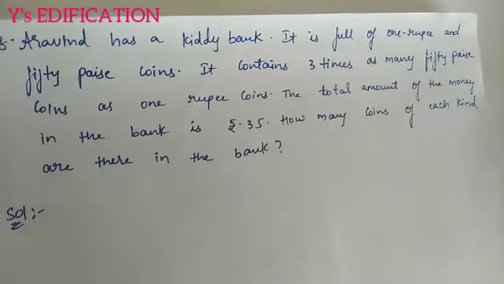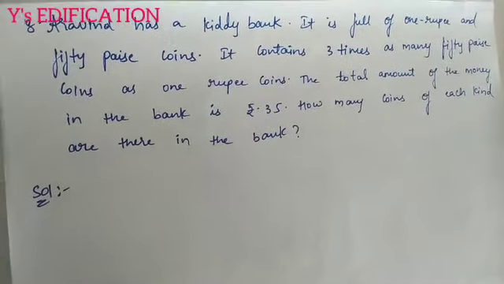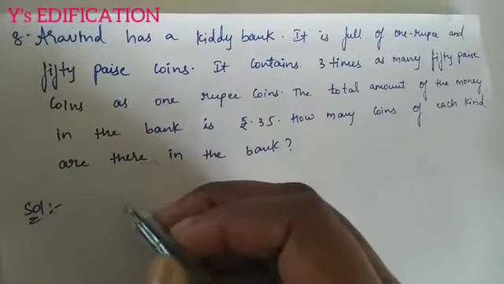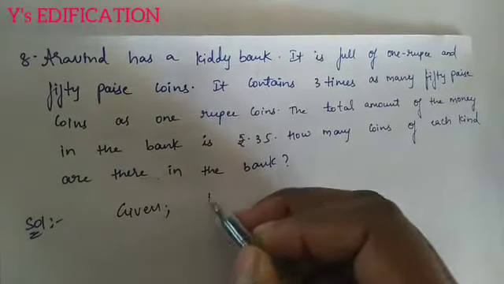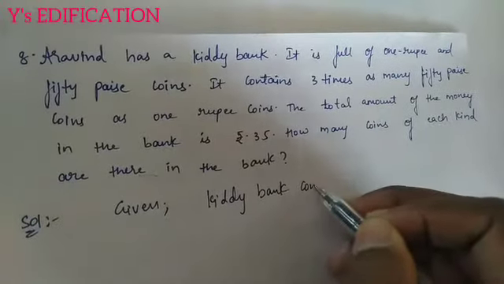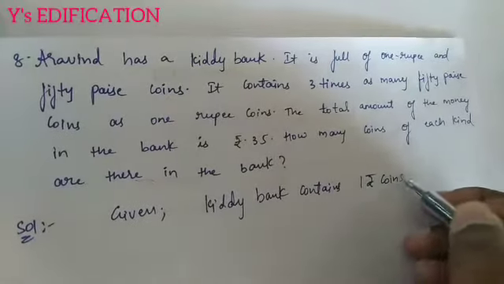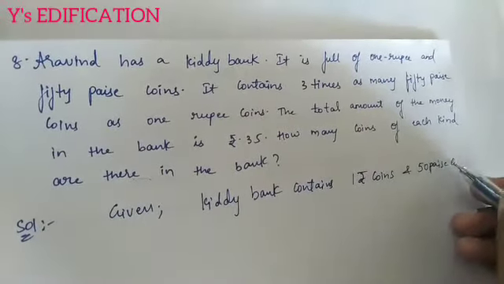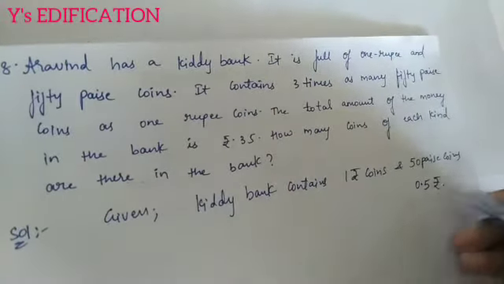So let us take the number of 1 rupee coins as x and the number of 50 paise coins as 3 into x. According to the given data, the kiddie bank contains 1 rupee coins and 50 paise coins. 50 paise means how can we write this? 0.5 rupees.